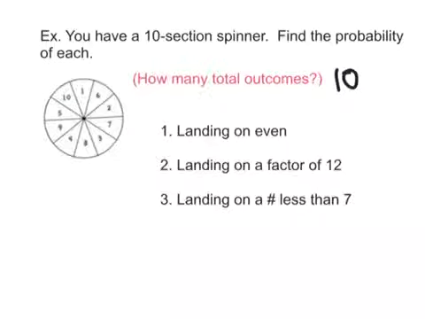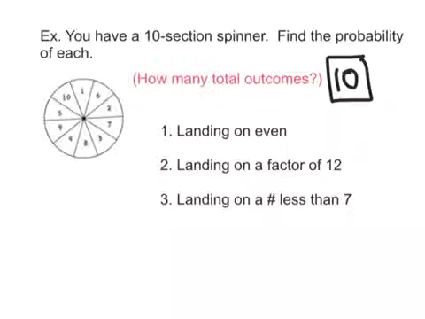That number will always, in this case, be the denominator of your fraction for probability because it is the total number of possible outcomes. So if you think back to the previous slide, probability is the number of successes, or ways to count the outcomes of things that you want, and what I mean by want is what the question is asking about, divided by the total number of possible outcomes.